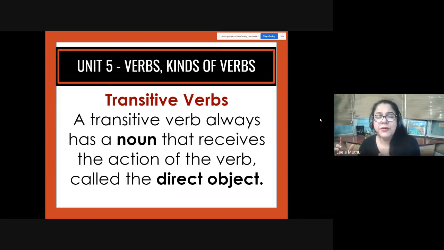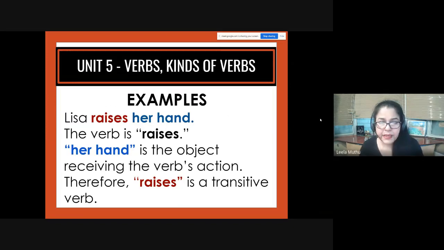Okay, so all these nouns and pronouns receive the action, and these are the direct object in the sentence. And when there is an object in the sentence, the verb in the sentence is a transitive verb. Okay, now let's look at lots of examples.